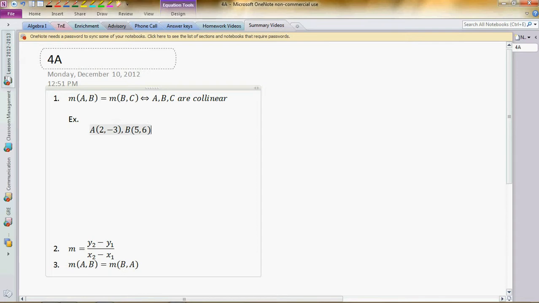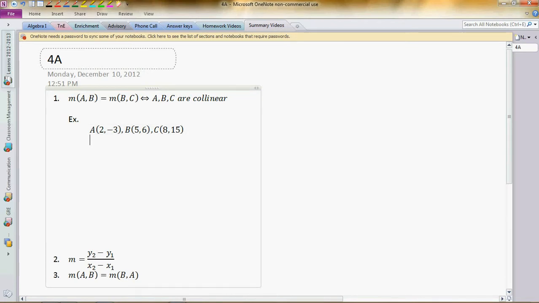And also, let's say point C is 8 and 15. Okay, let's see.